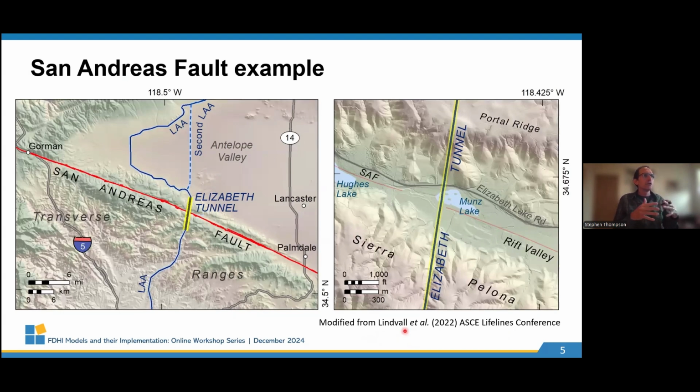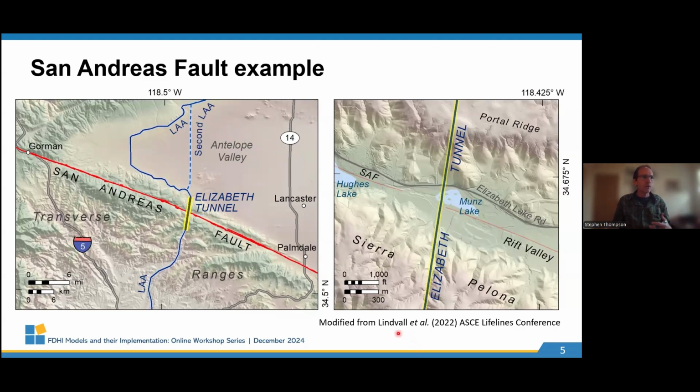I will draw a setting for everyone to picture from a project that's been ongoing for the LA Department of Water and Power for the Elizabeth Tunnel. This is the facility that gets the LA aqueduct water across the San Andreas Fault. You can see it's out here in the Antelope Valley, just beyond Palmdale.